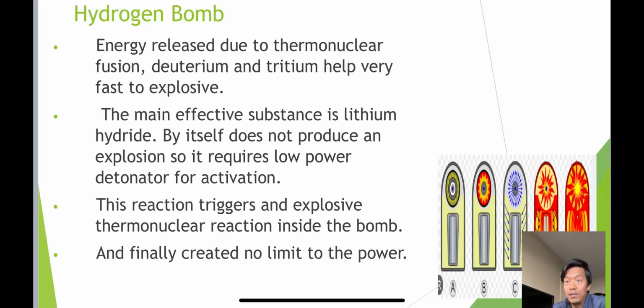According to this picture, we can say that the hydrogen bomb mainly depends upon the thermonuclear fusion principle, and lithium hydride is the main substance used for the hydrogen bomb, and it won't explode by itself.